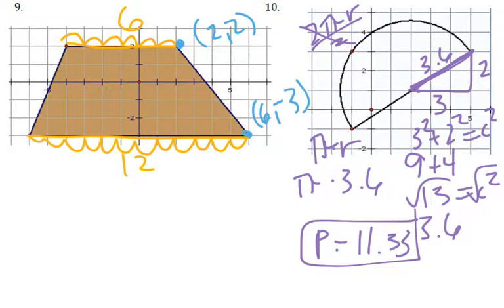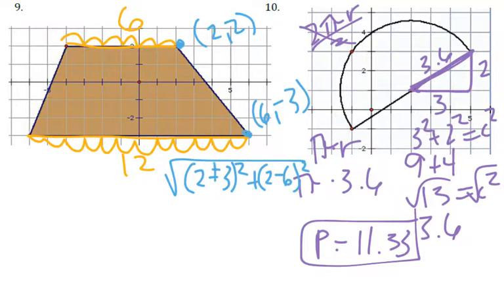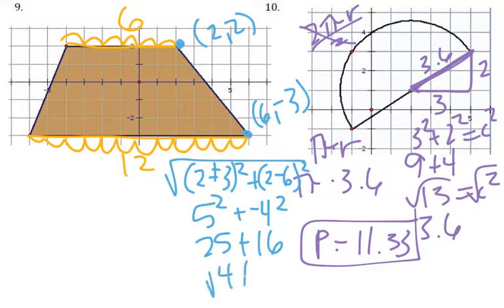So we'd go square root of 2 minus negative 3 squared plus 2 minus 6 squared. Be plus 5 squared plus negative 4 squared. 25 plus 16 would give us 41. Square root of 41 would equal about 6.4, so 6.4 there.